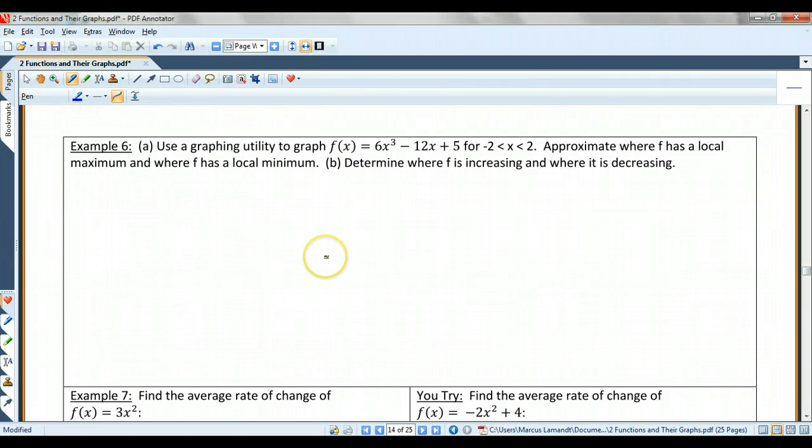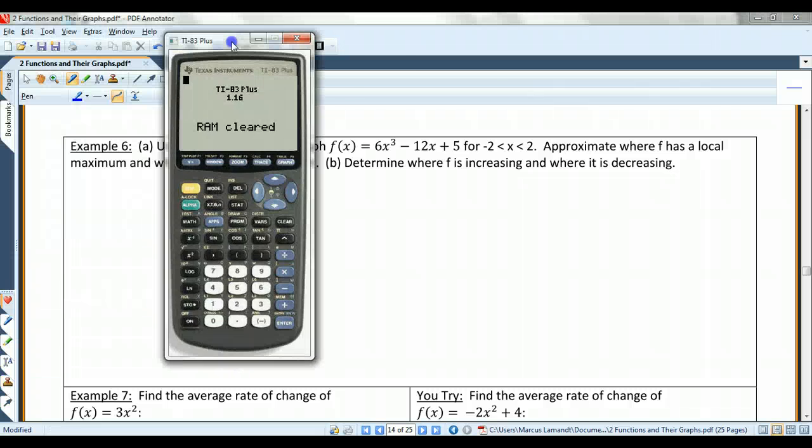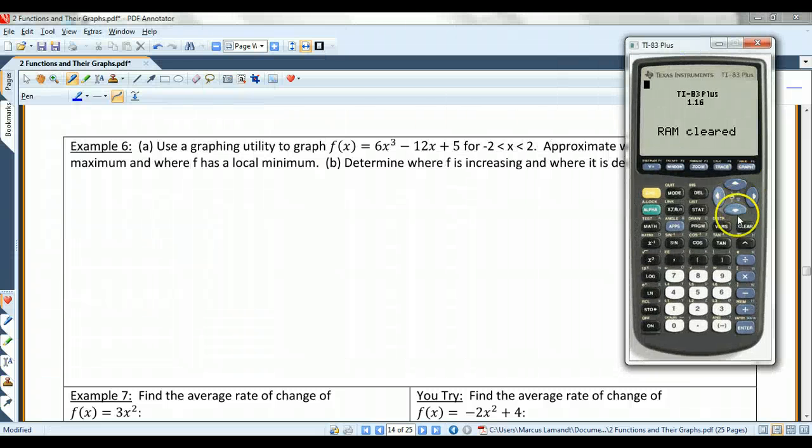Example 6. Use a graphing utility to graph this function. Alright, let's pull out the graphing calculator. Alright. Let's see here. Y equals 6x cubed minus 12x plus 5.